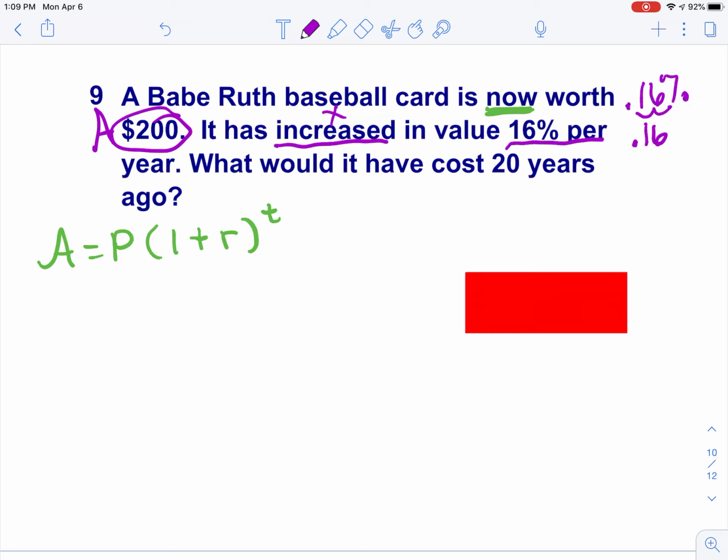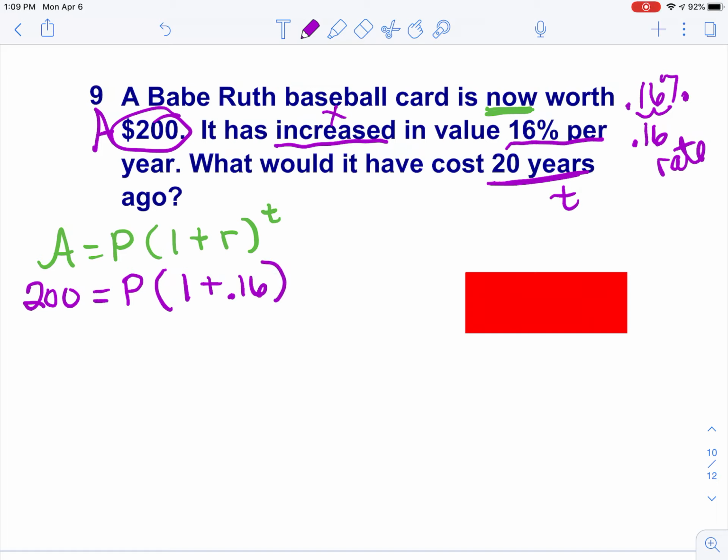That is 0.16 for my rate. And then we have 20 years for the T. So let's put everything in. 200 equals, I do not know what it cost 20 years ago, times 1 plus 0.16 to the 20th.